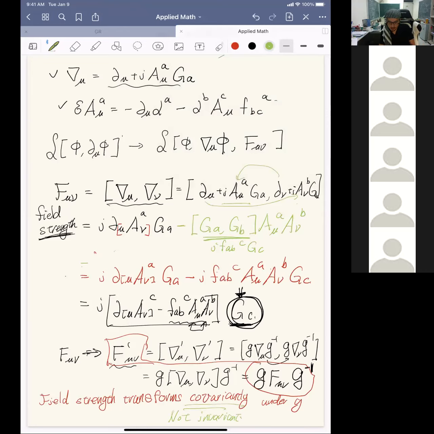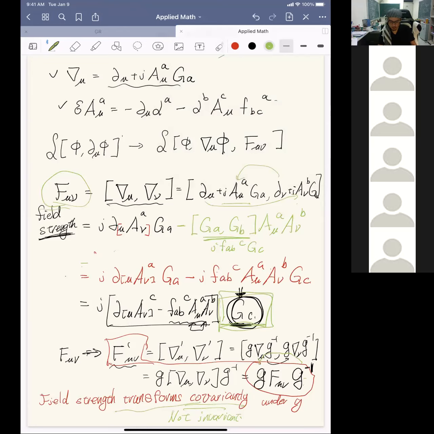So you just have the inverse phase and G, and you can commute the G over and cancel them because there's just an overall phase. But now my field strength itself is expanded on a matrix, so my field strength is actually a matrix, and my G and G inverse are also matrices. So you cannot just move G over and cancel it, and that's why this is no longer invariant, but covariant.